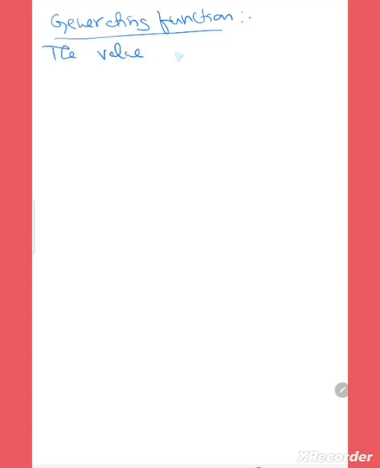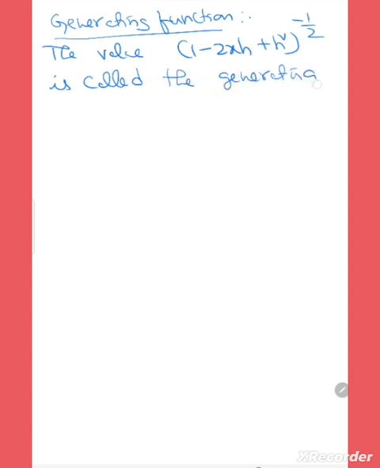The value (1 − 2xh + h²)^(−1/2) is called the generating function of the Legendre polynomial.